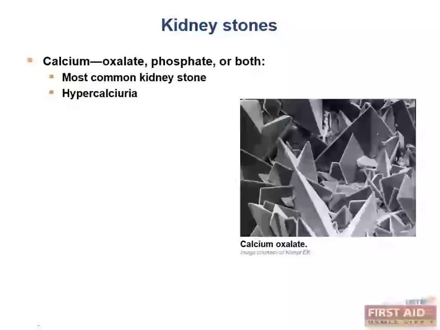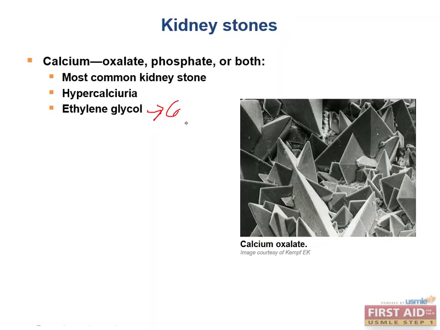For example, ingestion of ethylene glycol leads to calcium oxalate formation, because ethylene glycol is metabolized to oxalic acid. Vitamin C abuse can increase urinary excretion of oxalate, again leading to calcium oxalate stones.